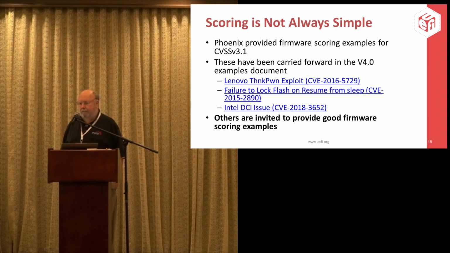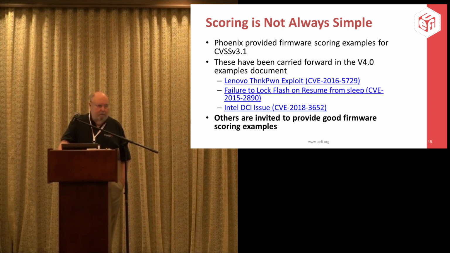Bruce from the Intel PSIRT actually asked us to get engaged a couple of years ago, and that's how I got involved with this. Bruce Mitchell asked, as the group was updating some of the documentation, they wanted to get more information about firmware in there.